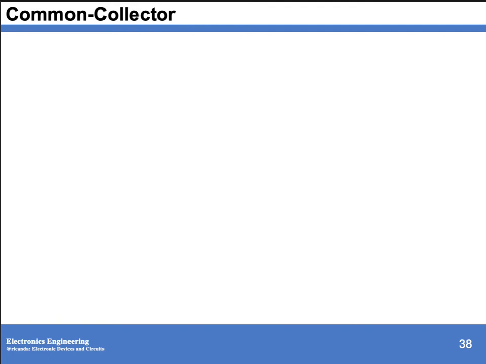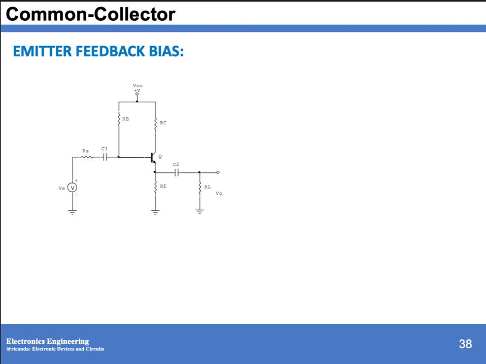Another configuration is the common collector, and it is also called emitter feedback bias. So this is your common collector. Your input now is at the base, but your output is at the emitter.